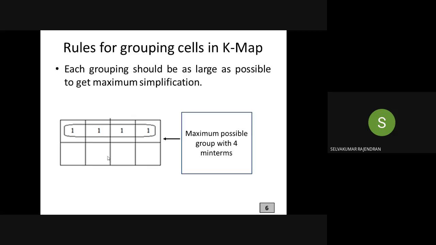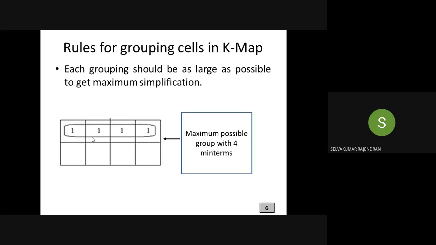This is the maximum possible group with four min terms. Actually this K-map has eight min terms, but here four min terms are highlighted. So the maximum possible number of ones to group is 4, right?